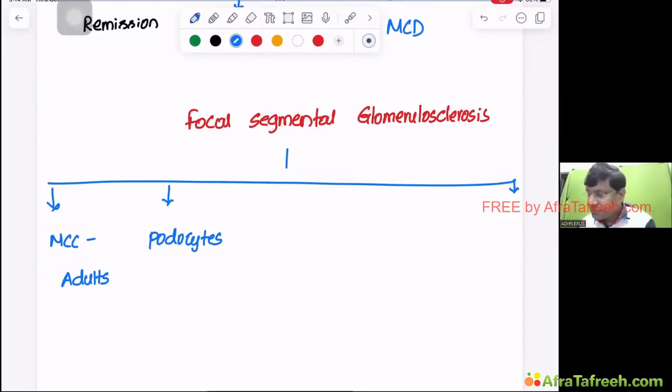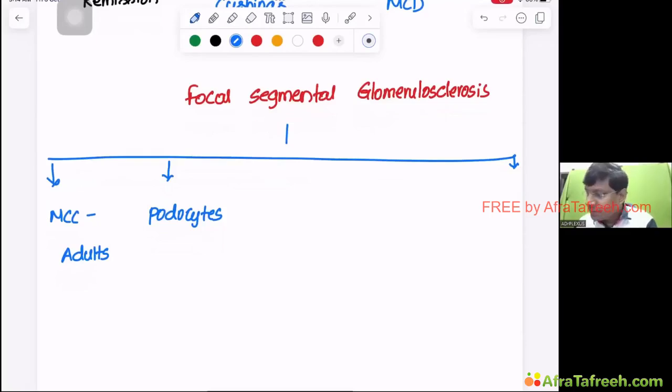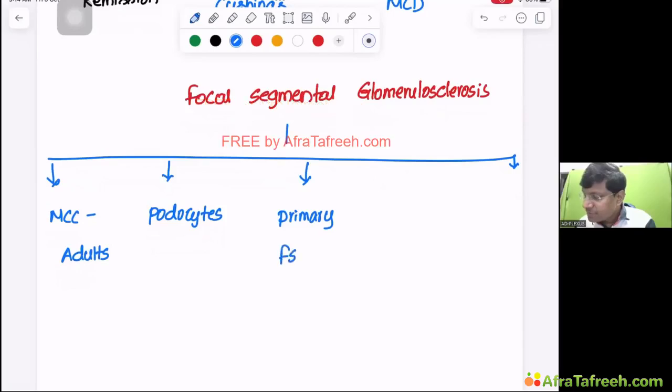Accordingly, we classify focal segmental glomerulosclerosis into two forms. One is primary focal segmental glomerulosclerosis, where the pathology is directly within the kidney itself because of gene mutations.